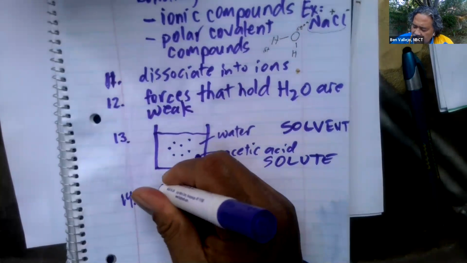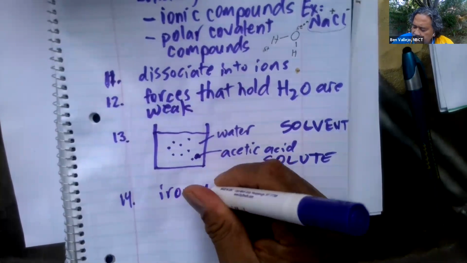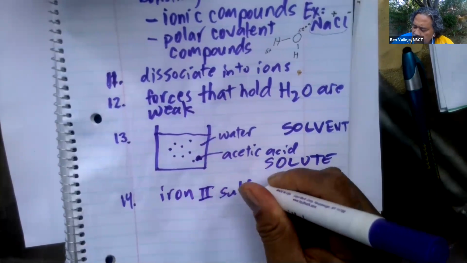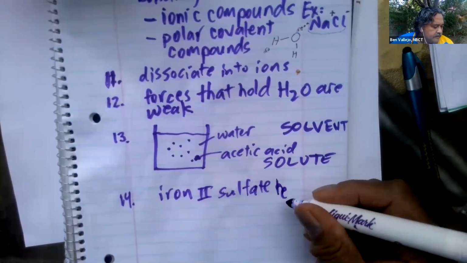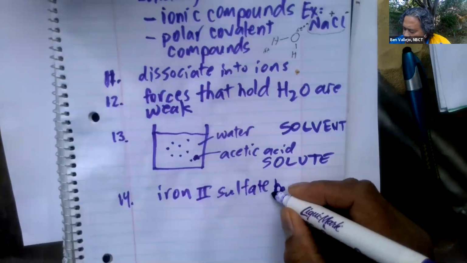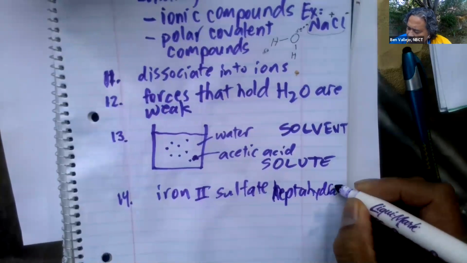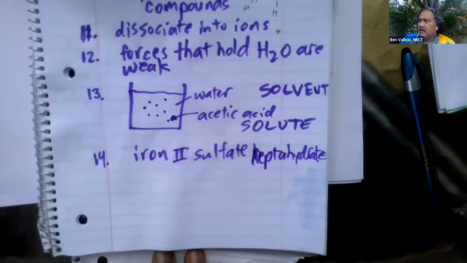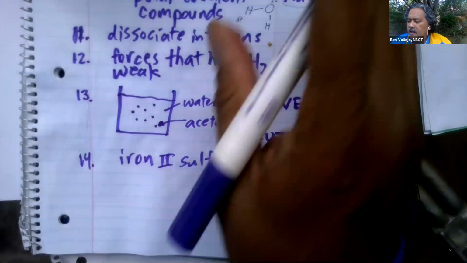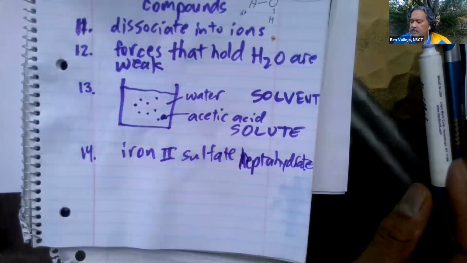So number 14, again, the question is, what is the percent mass of water in iron sulfate heptahydrate? Wow. So let me just look at the nomenclature of it. It's iron 2 sulfate heptahydrate. Now from this name, you ought to be able to figure out the formula for this chemical.